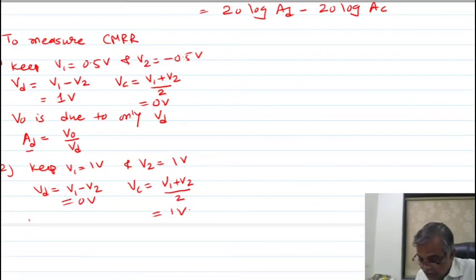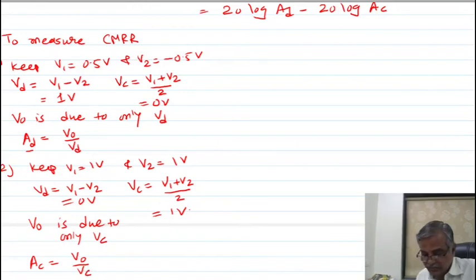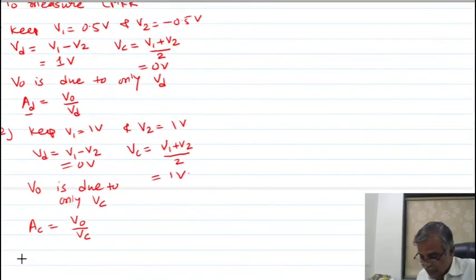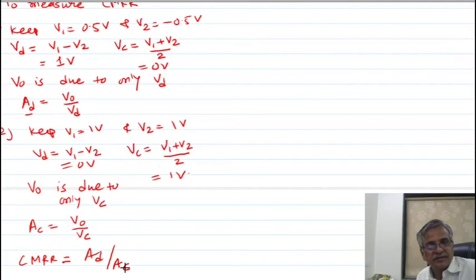Measure your output, and find the common mode gain, output upon common mode signal. So what is CMRR? CMRR is AD by AC.